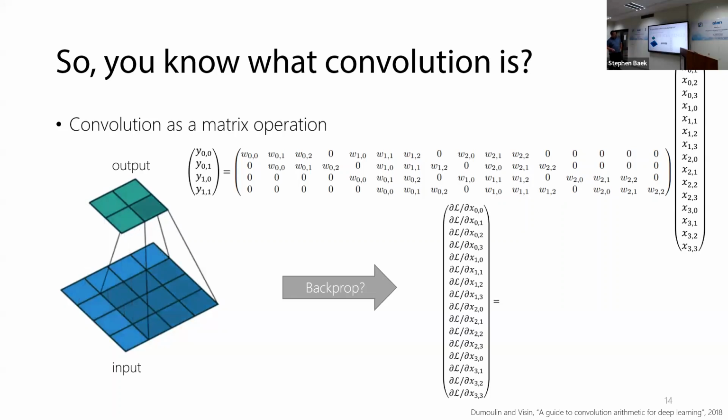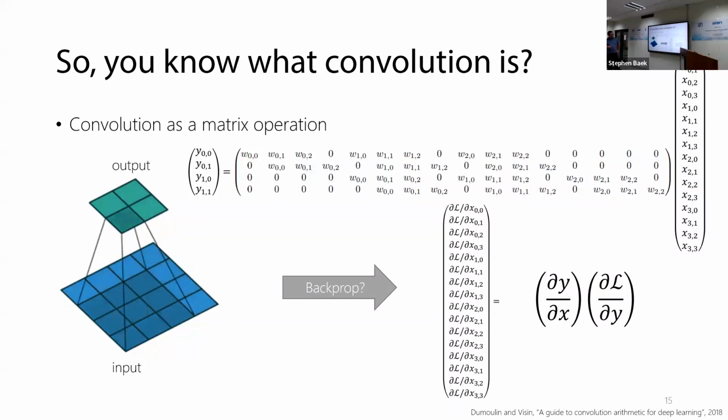In backpropagation, what we're interested in computing is the gradient of the loss function, this time with respect to the individual pixels. So partial L over partial X00, partial L over partial X01, and so on, is what we're interested in computing. Basically the derivative of L with respect to this vector is the gradient we want.